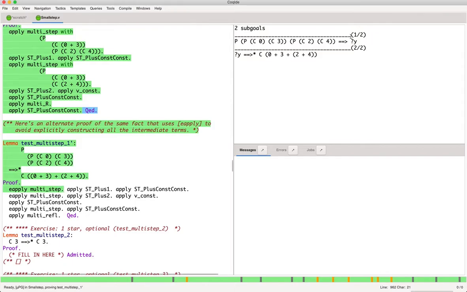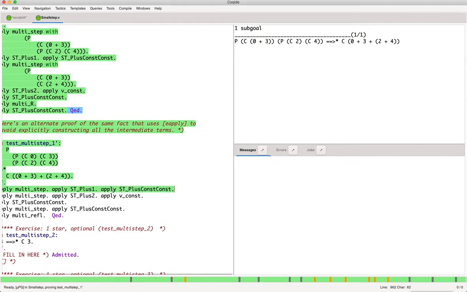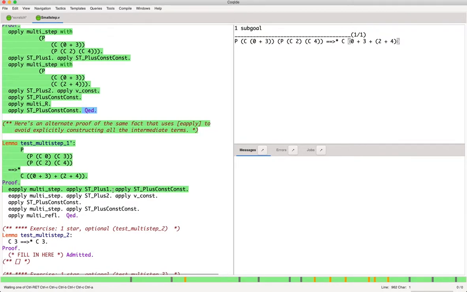So you can get this sort of situation where there has to be something that the first thing can step to, and then you have to be able to do multi-step from it to the answer, and the identity of what it is will be revealed as you do these steps. So by the time you get to here, we know what that has to have been. Okay, so that's a lot more convenient for doing these kinds of proofs.